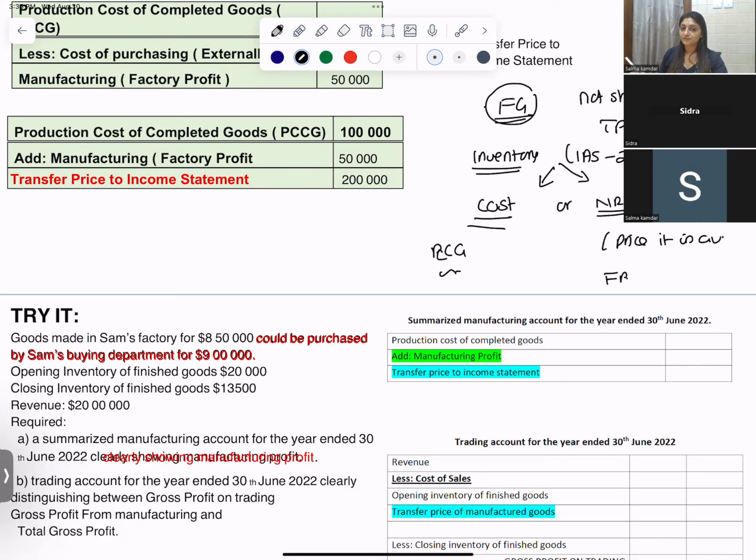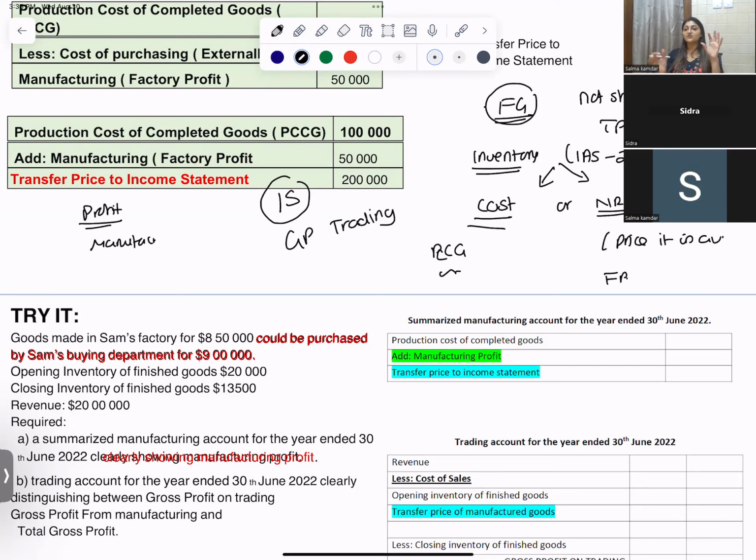But then why is it transferred to the income statement at transfer value? We transfer it into the income statement at transfer value because the income statement is made to find out the gross profit because of trading. When you have manufactured that good, you have made one profit because of manufacturing. So you separate your profit into two parts.